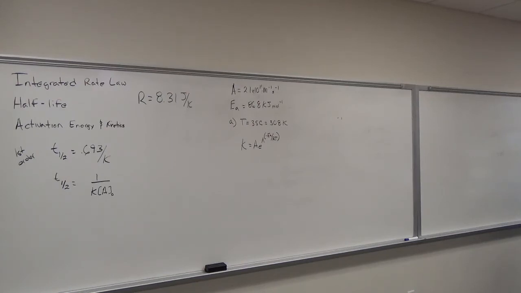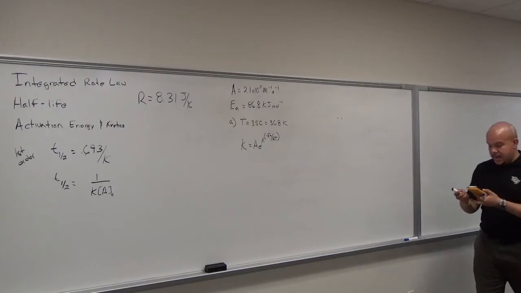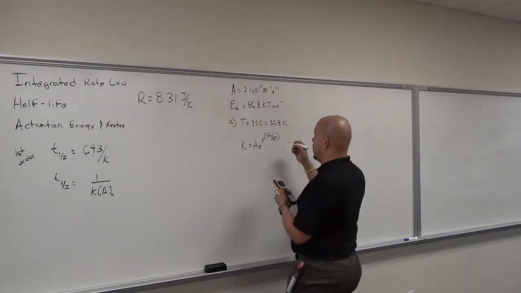Remember, we have to change our units on R, times 308, because T is in Kelvin. Should be 3.93 E to the negative 4.